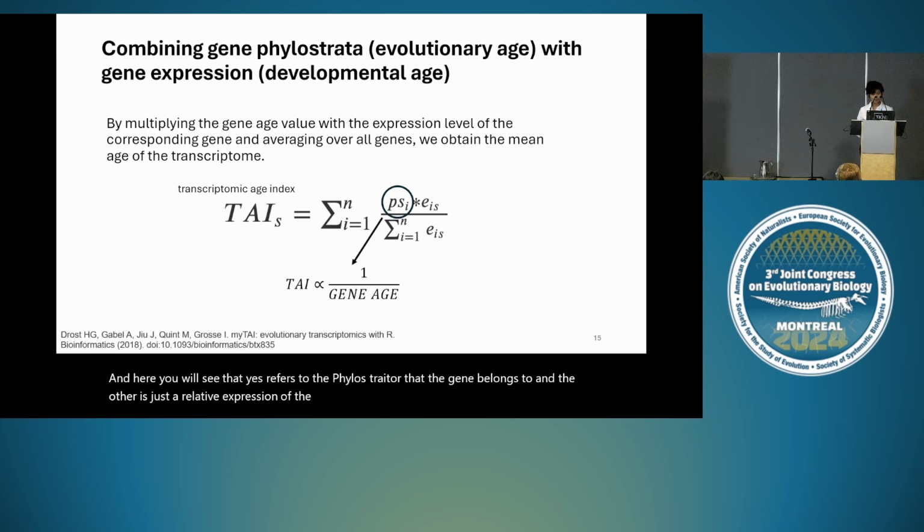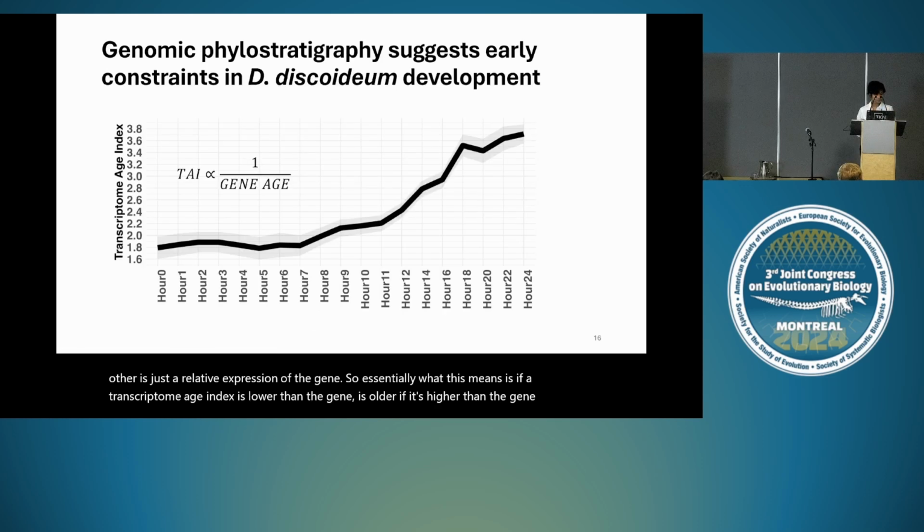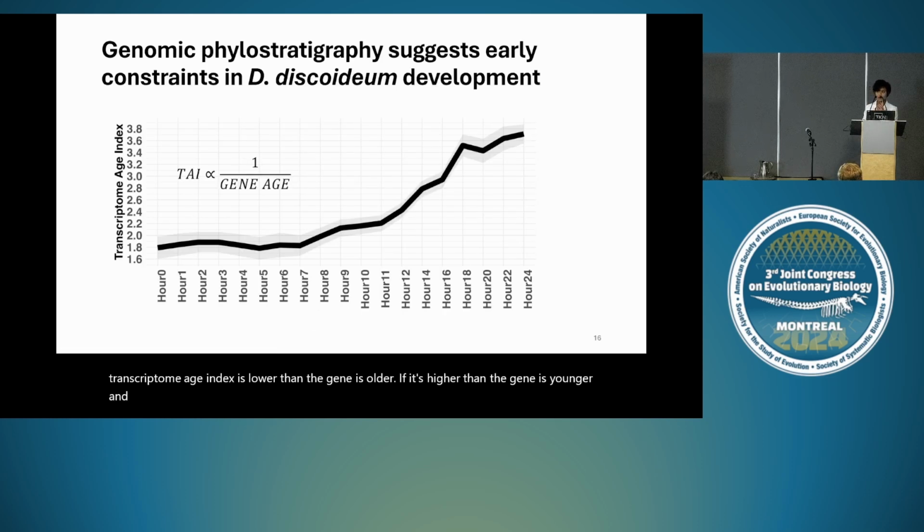So essentially what this means is if the transcriptome age index is lower, then the genes are older. If it's higher, then the genes are younger. And for Dictyostelium discoideum, I see a pattern like this. Here, the gray ribbon in the background is from 30,000 bootstraps, so you will believe me. And I see early constraints in Dictyostelium's development.